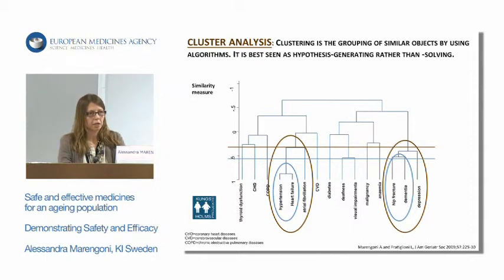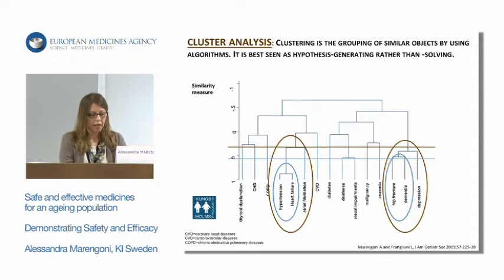This is the result that I got using the population of the Kungsholmen project from cluster analysis. This is called a dendrogram or tree. In the bottom part of the figure, the similarity between diseases is highest, and the least in the upper part of the figure.